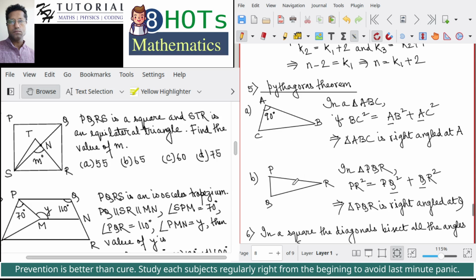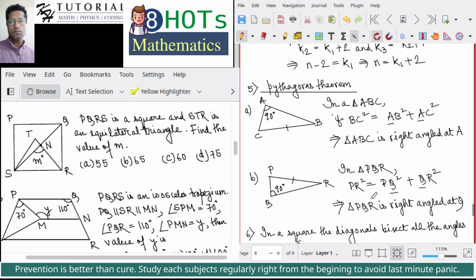In the second example B, it is given that in triangle PQR, PR square is equal to PQ square plus QR square. So in the first example BC was the hypotenuse. In the second example PR is the hypotenuse. So definitely the angle opposite to the side PR, that is Q, must be 90 degree. So this concept was used to solve the problem number 4.